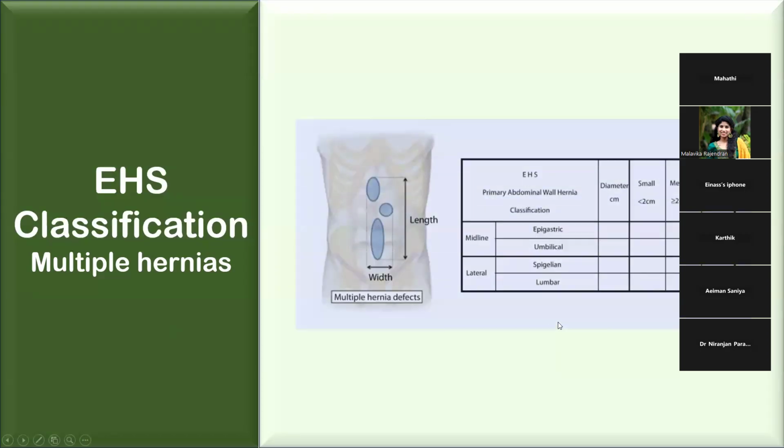The EHS recommendation is that you must include the whole length, not the largest one. Can you see? When you have 3 defects, for example, the length must be given as the whole length and the width must be the whole width, from the right lateral edge of the right-sided hernia to the left lateral edge of the left-sided hernia.